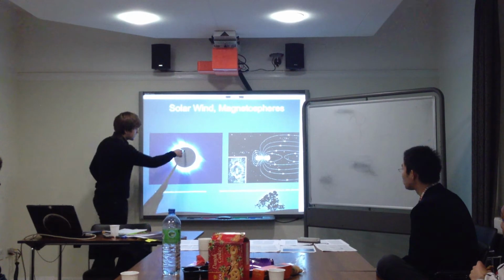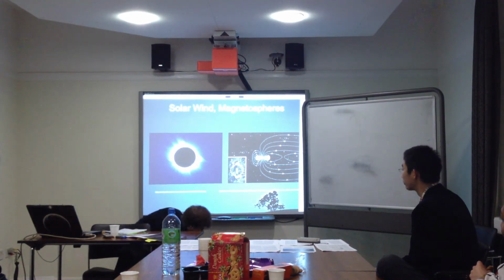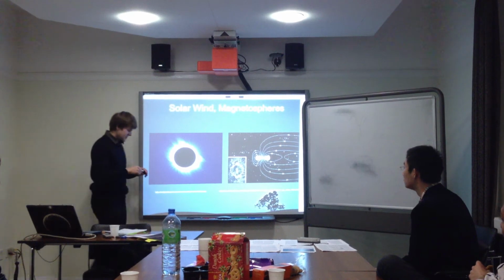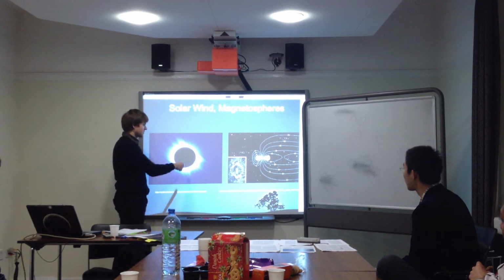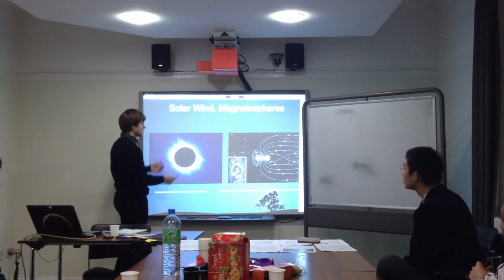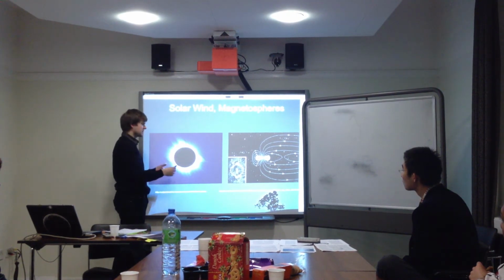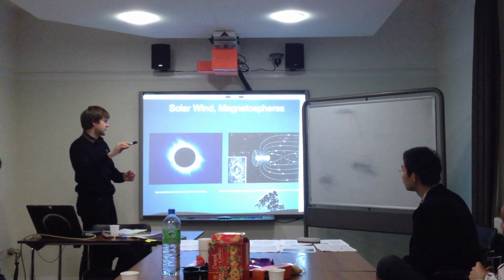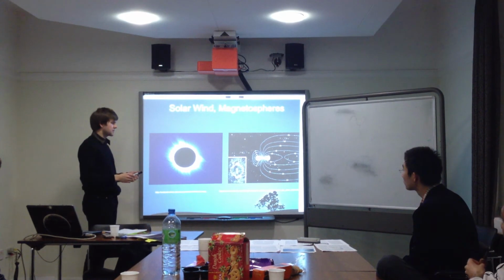Plus, you have got the dipolar B field, which sometimes stops being dipolar, because it is dipolar only during the most active moments, like during the maxima, whereas during the minima it reorients, and then it stops being dipolar. But overall, because the Sun rotates once every 30-something days, it drags with itself the entire B field, so it actually looks like something called a Parker spiral or something like that.